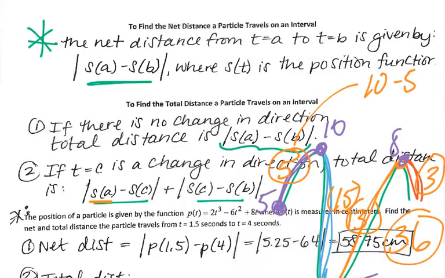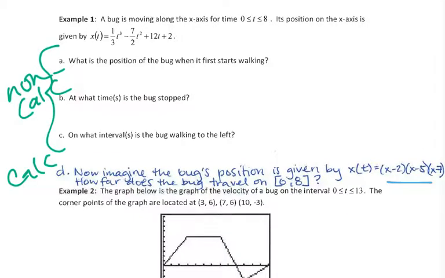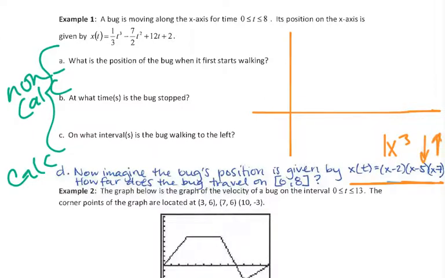So let's go back to this problem. This is the equation given for position. This is a cubic function, we can tell, because if we multiplied it out, we'd have x to the third. And the leading coefficient is 1, so we know our end behavior is down, up.